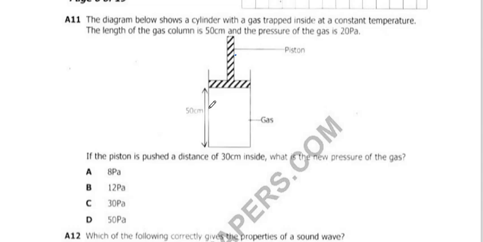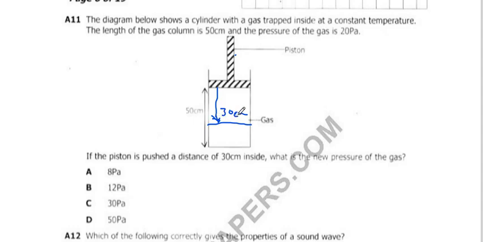So what we have is the piston is at 50 centimeters up there. And what happens if we push it 30 centimeters inside? So from here, we push it 30 centimeters inside. So this is where we're going to have the piston then, right? So the piston has moved there.